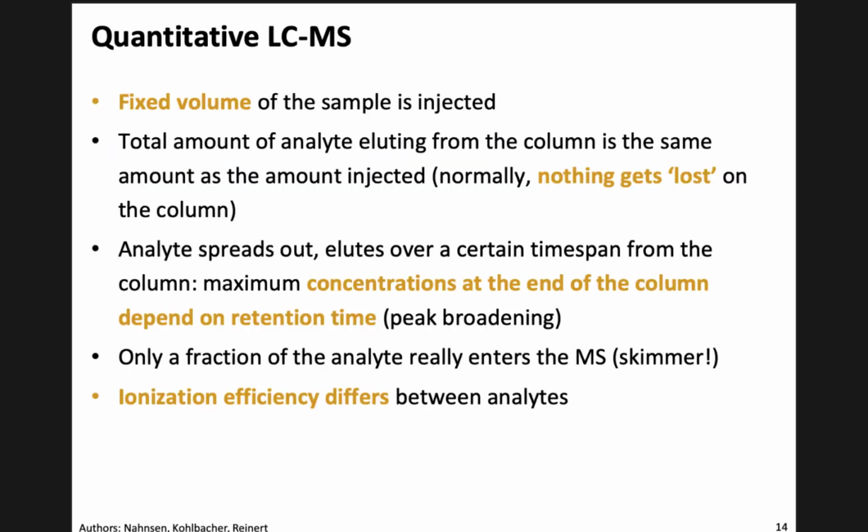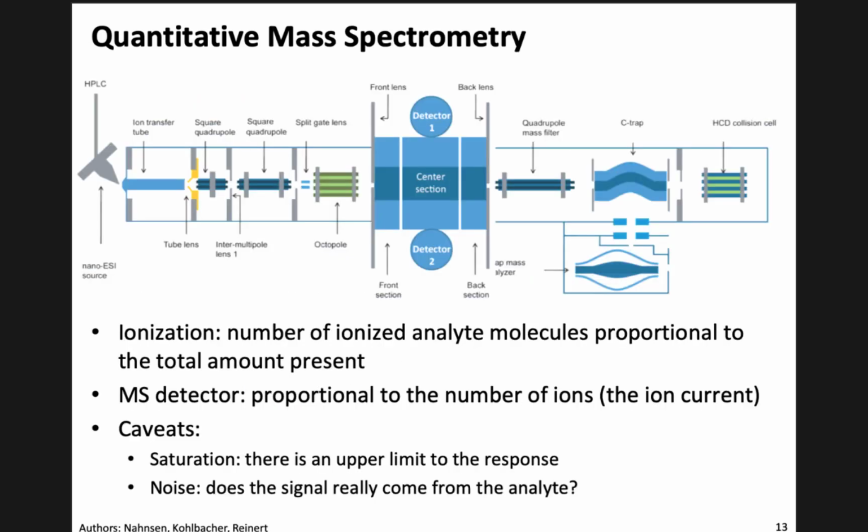So if we want to do LC-MS on a quantitative level, then there's one problem here. And that is our analyte will elute over time. So unless you do direct infusion mass spectrometry, we will not see a signal that is directly proportional to the concentration, but we will see a signal that is proportional to the concentration over time as your analyte elutes.